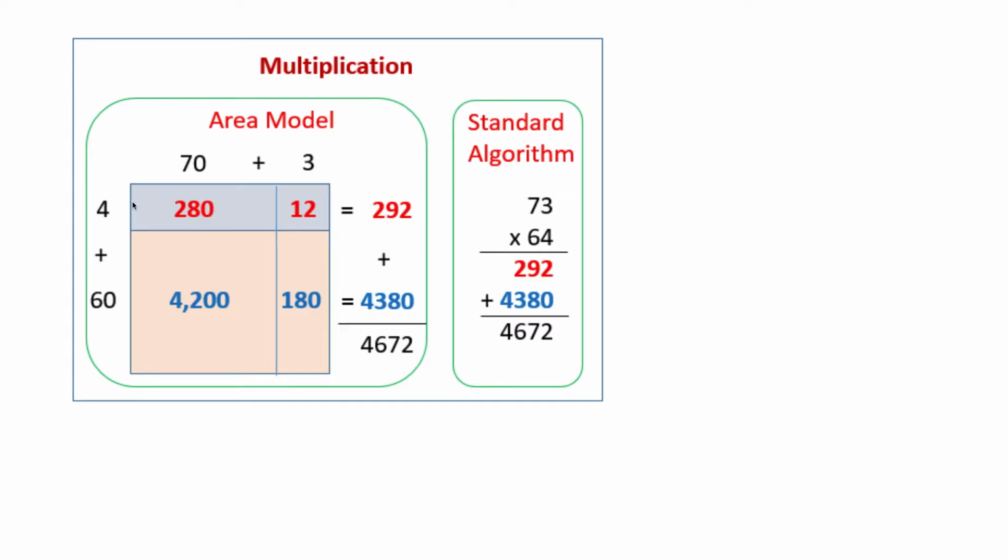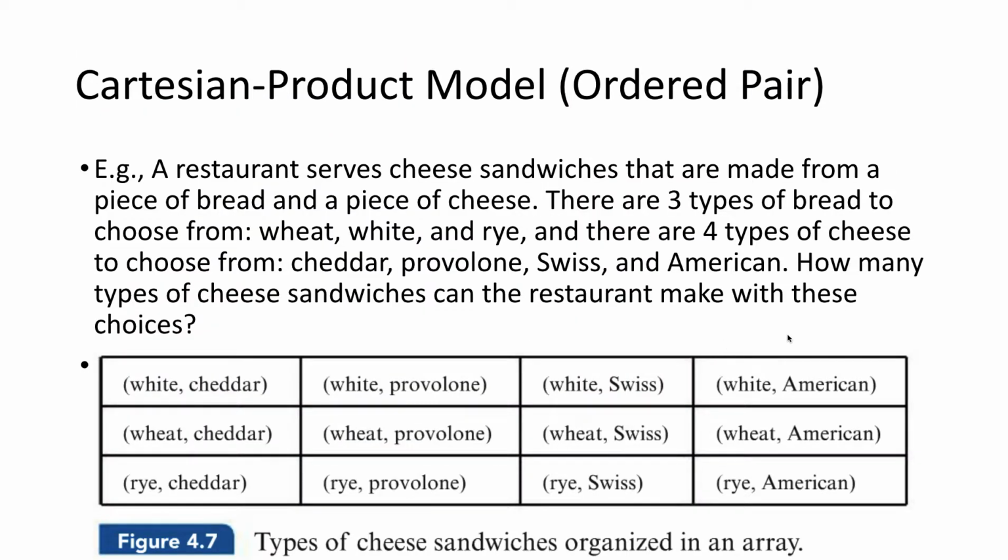Right here. 3 times 60, 180. 70 times 60, 4,200 right here. So all of these four numbers are added here together. Okay, so I think area model is so much easier.